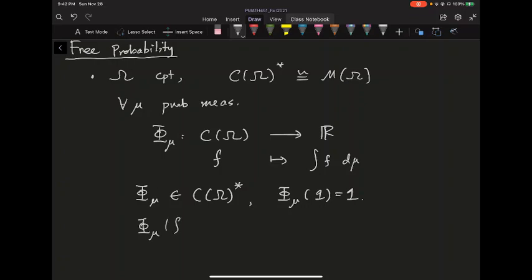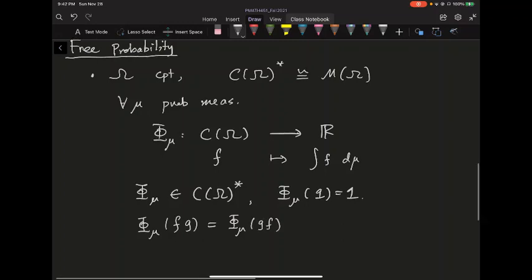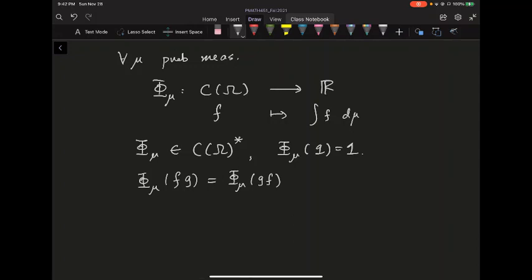If you take two functions, f and g, then fg is just gf. They're always commutative. But is there a way to generalize this continuous function on some compact space to some other algebra? Can we generalize this to something else?